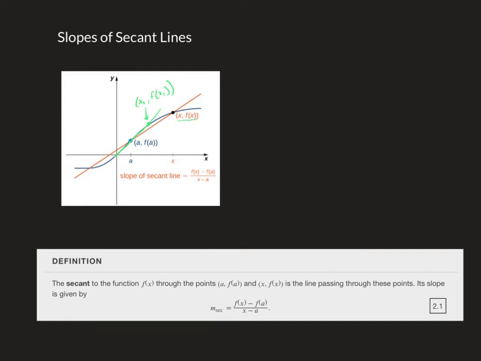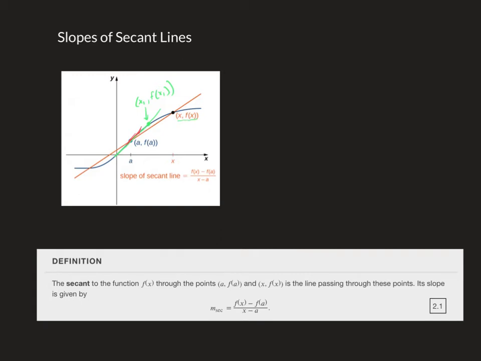Well, we take a point even closer to the blue point, a comma f of a, and draw that tangent line. That drawing wasn't very good, but hopefully you get the concept of what I'm talking about here. We're moving closer and closer to the point a, thereby getting better and better approximations for the slope at that exact point, always using the slope formula that you've seen in the past.